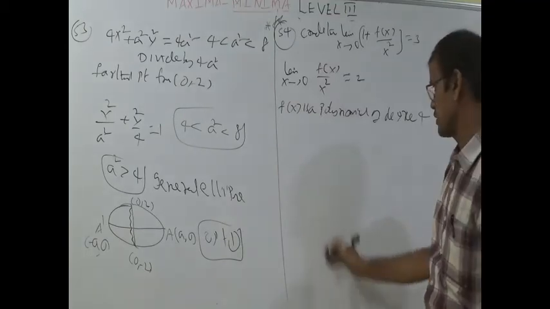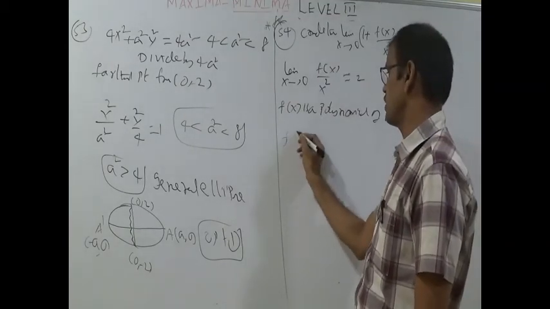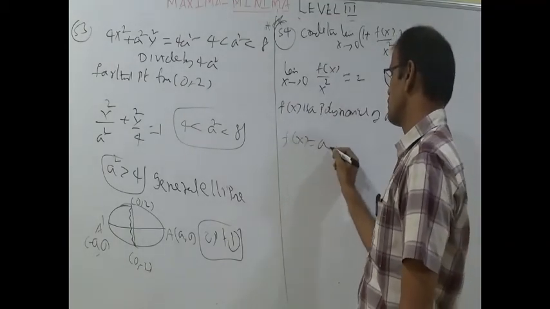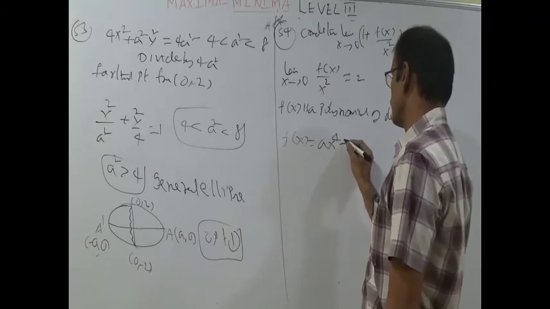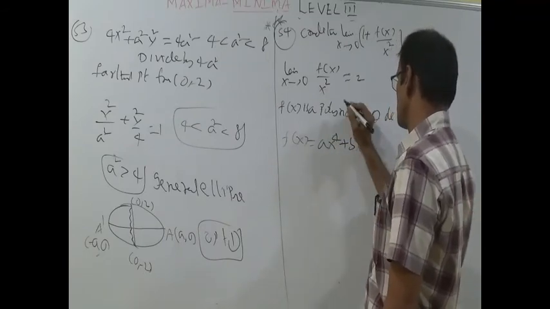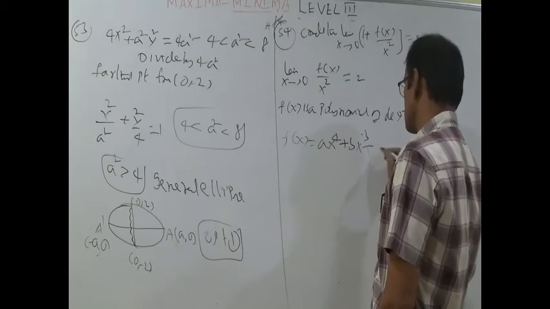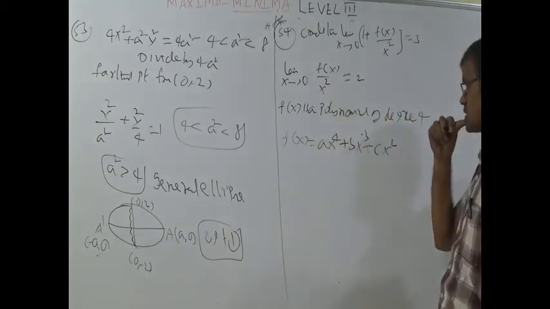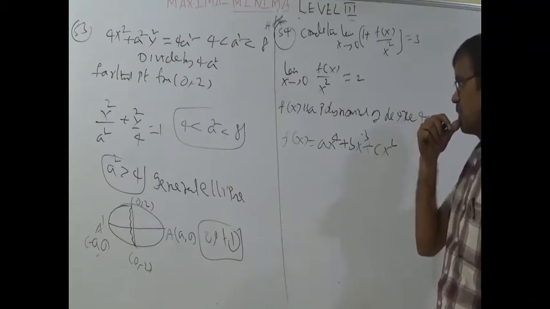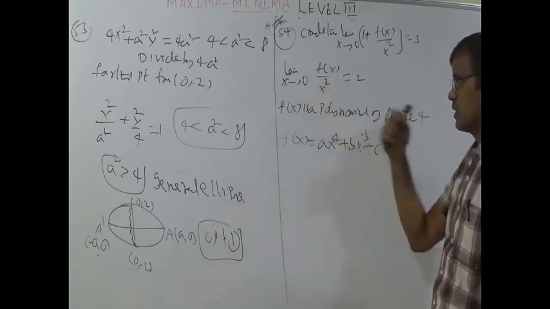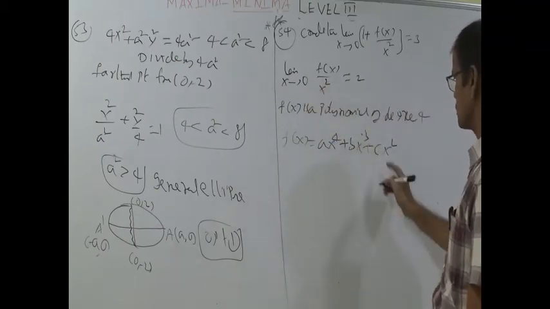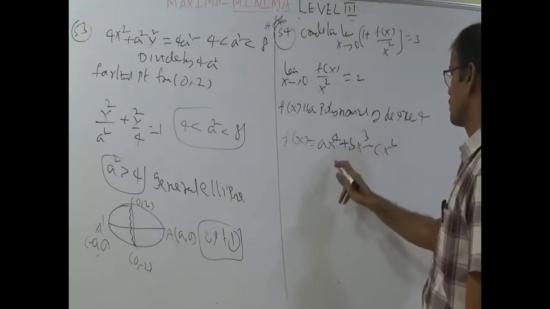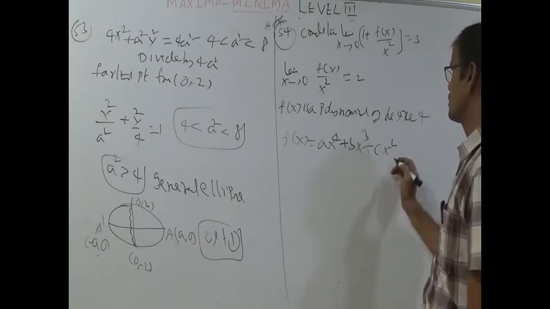Let me write f of x is equal to ax power 4 plus bx cube plus cx square. That's all, because x square and x square will get cancelled and the answer will be 2. We should not write a constant term d, because d by 0 is infinite.